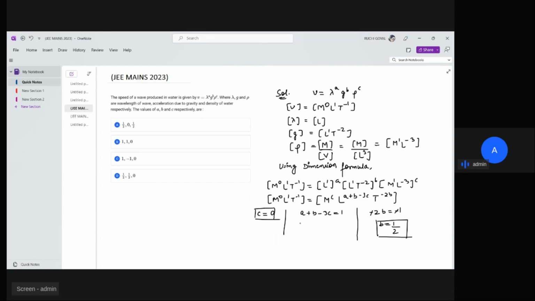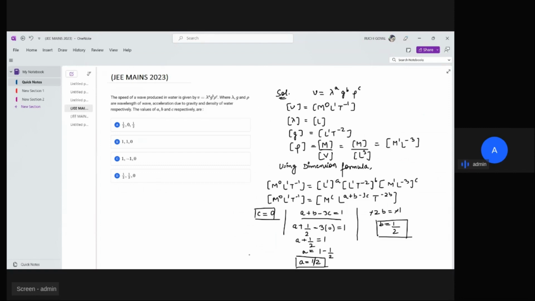So we can substitute in this equation b and c. We will get a plus b is 1 by 2 minus 3 into 0 is equal to 1. A plus 1 by 2 is equal to 1. A will be 1 minus 1 by 2. So A will be 1 by 2.